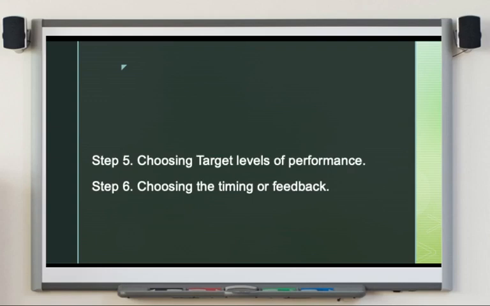The next step is to choose the target levels of performance. That is setting the index or the benchmark against which your computed ROI, RI, or EVA will be compared. So at this point, you need to appropriately set that standard so as not to make a wrong impression or wrong interpretation when you compute your actual ROI or RI or EVA.